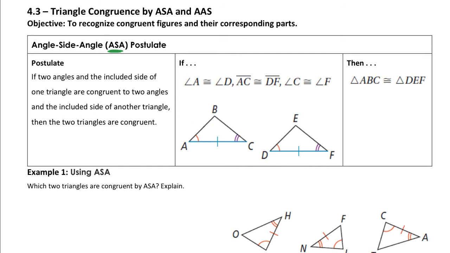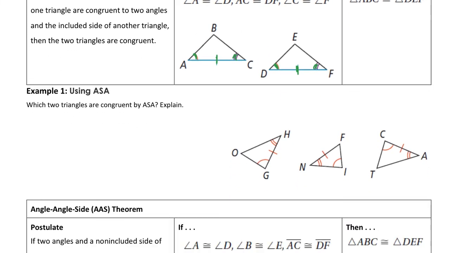So it's saying that if A and D are congruent, and C and F are congruent, and that side that's included between those angles, if those sides are congruent, then the triangles are congruent. So ASA, you're given two angles and the side in between them as congruent to prove the triangles are congruent.